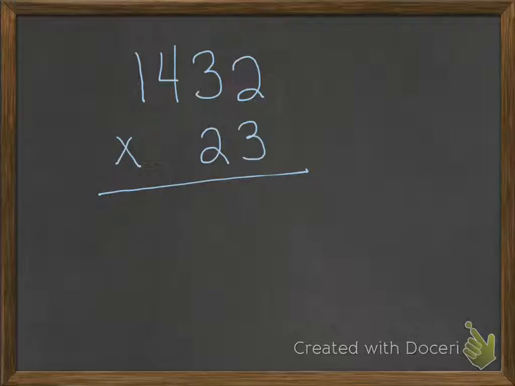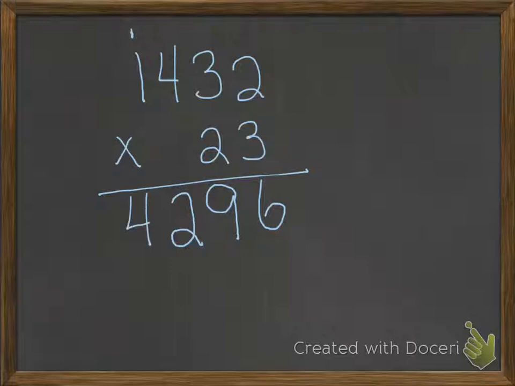Again, we're going to deal with our 3 first. 3 times 2 is 6. 3 times 3 is 9. 3 times 4 is 12. Keep the 2, regroup your 1. And then 3 times 1 is 3, plus an additional 1 is 4. We've taken care of our 3.